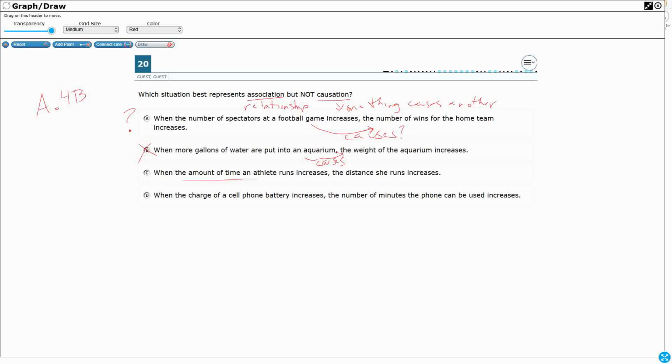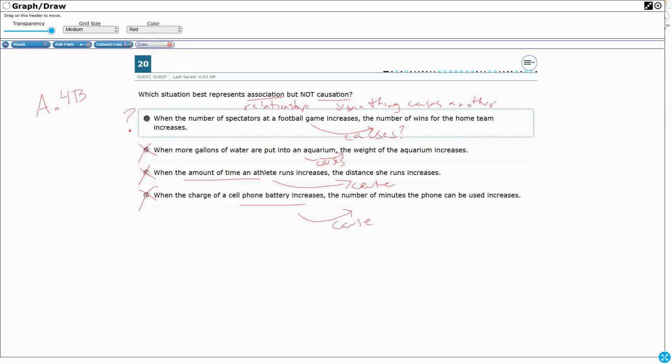Yes, time is the cause of distance because each second an athlete is running, they're running a certain distance. So that's not it. And then D, as the charge of a cell phone battery increases, the number of minutes the phone could be used increases. Yeah, we all know about cell phone battery usage, and more charge causes more usage, or more minutes that we can use. So it's that first one, A, that is associated, not necessarily causational.